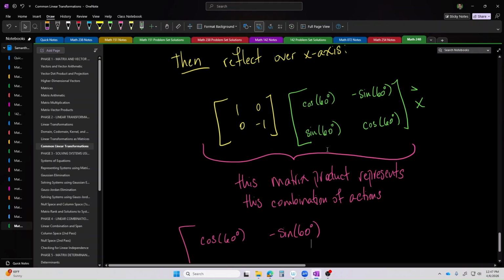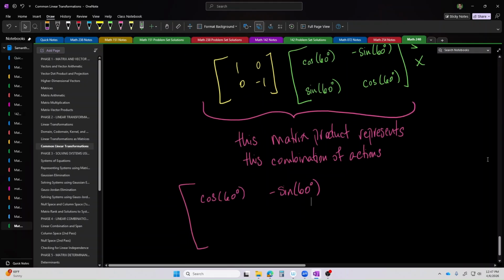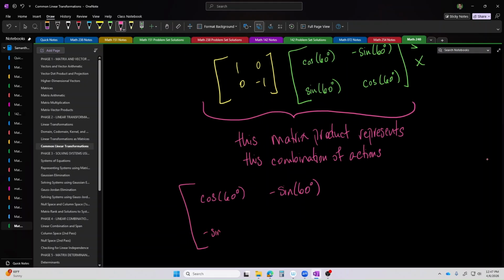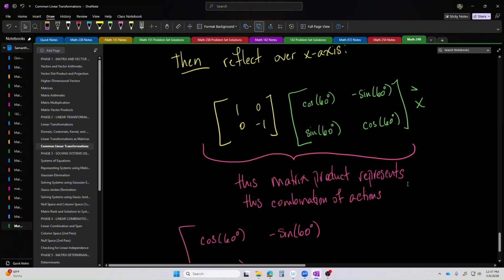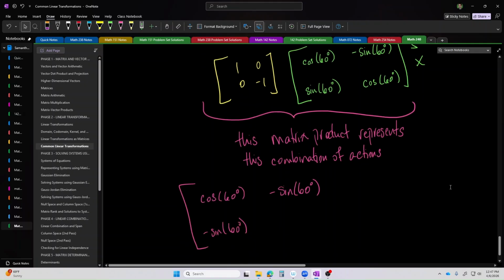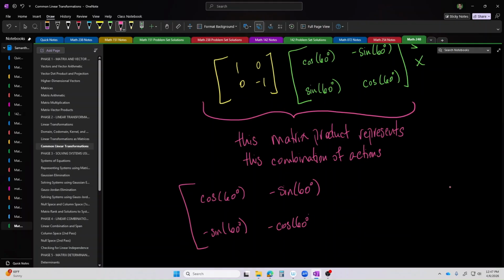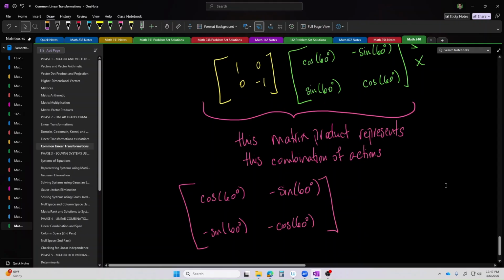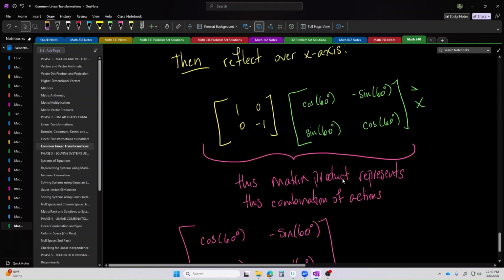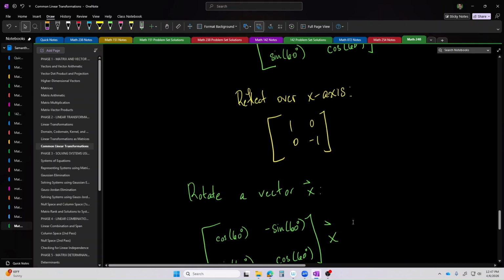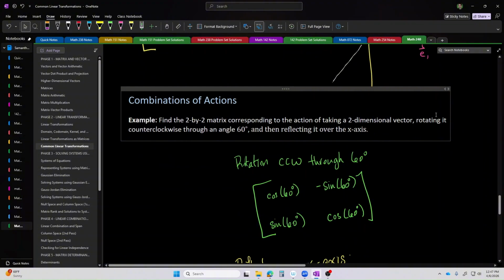This row times this column would return negative sine of 60 degrees. And this bottom row times this right column will return negative cosine of 60 degrees.